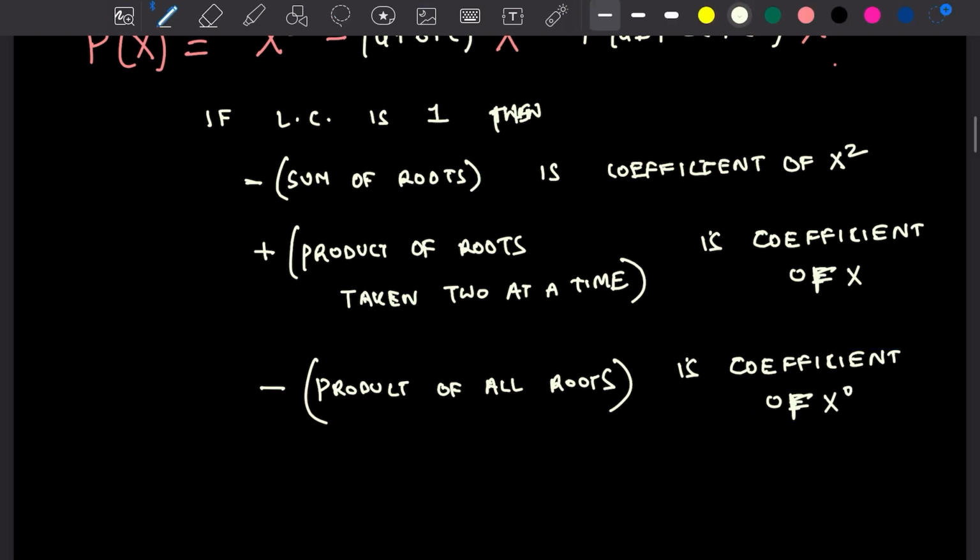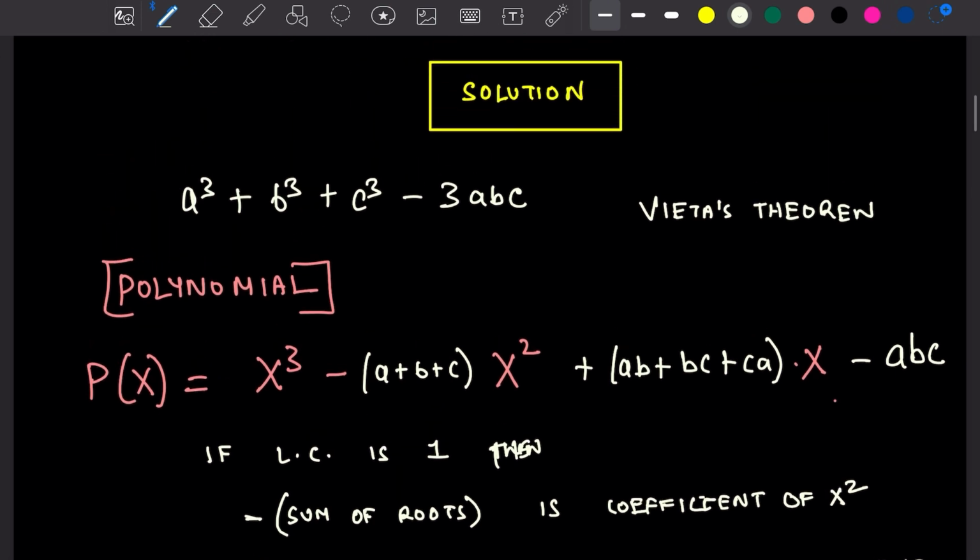Okay. So this is known as Vieta's theorem. It's a very powerful result in elementary algebra. You should definitely know about it.